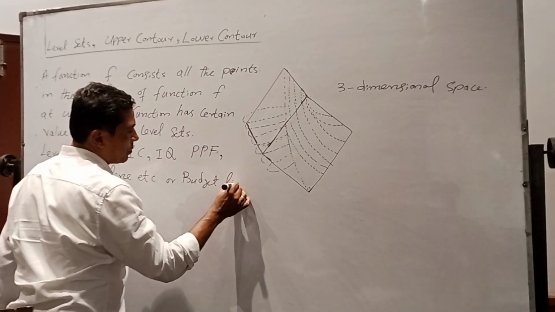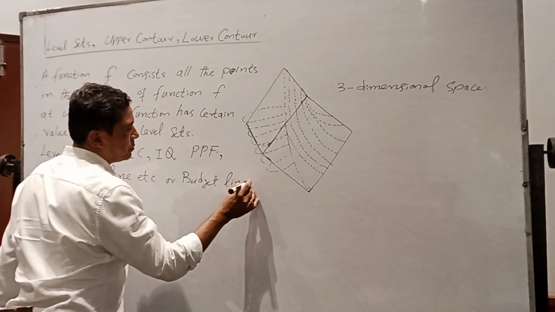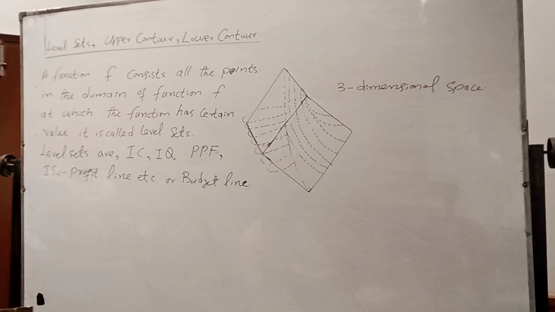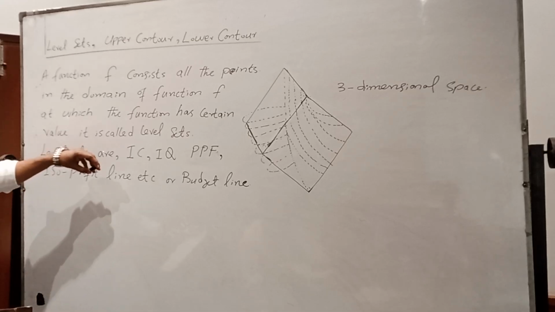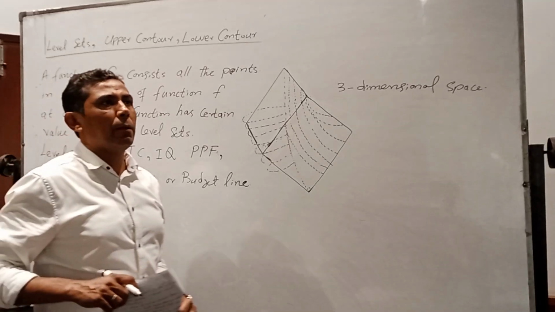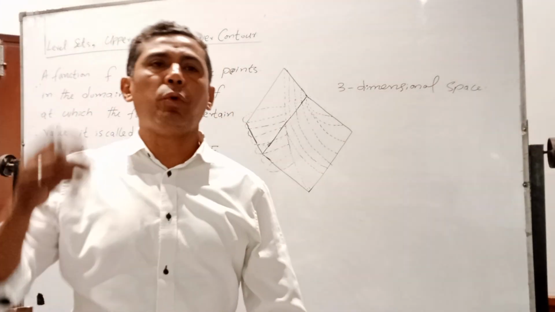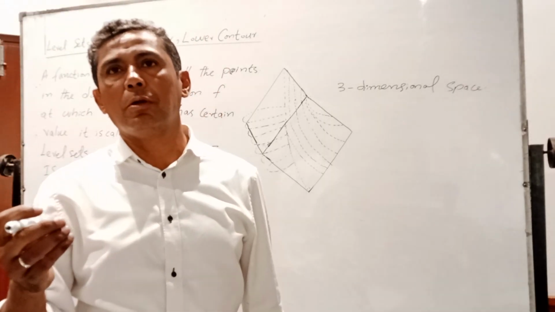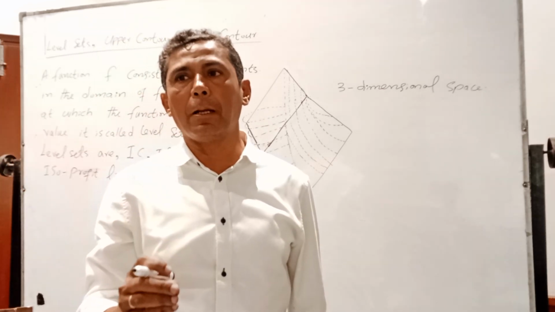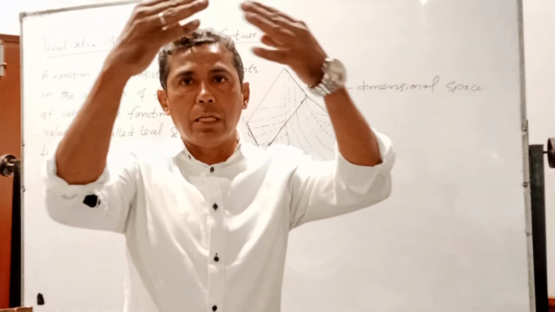What I am saying, these are the level sets, because these set values you decide to compare the other values. In case of indifference curve, you decide which value of indifference curve is going to be tangent with your budget line. Clear? So you decide that level.